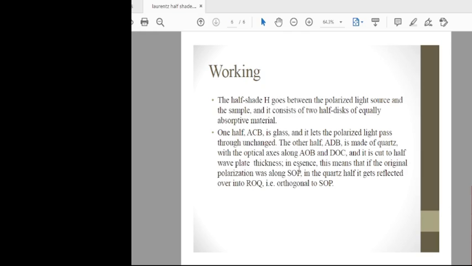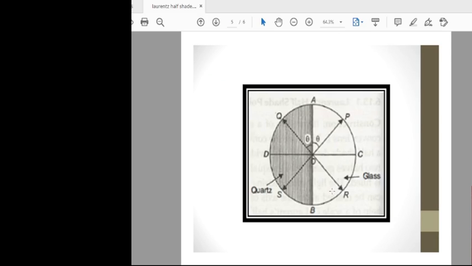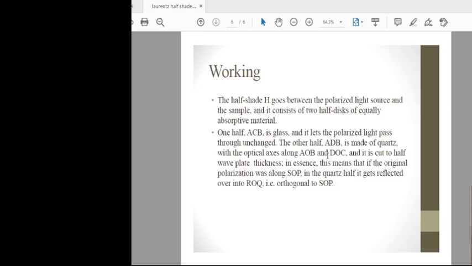In essence, this means that if the original polarization was along SOP, in the quartz half it gets reflected over into ROQ, that is orthogonal to SOP. In this way the Lorentz half-shade polarimeter works.